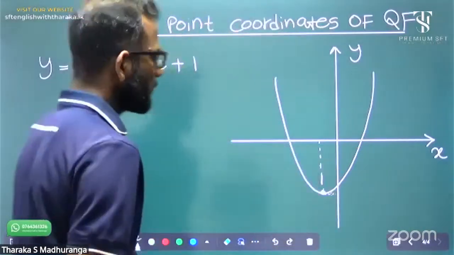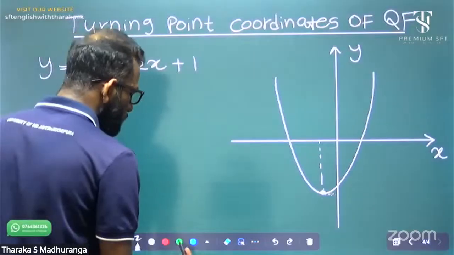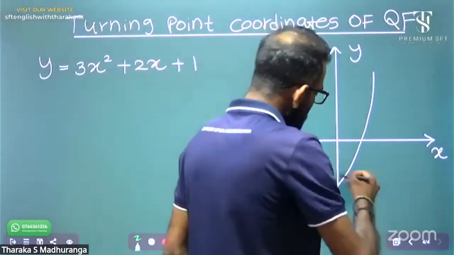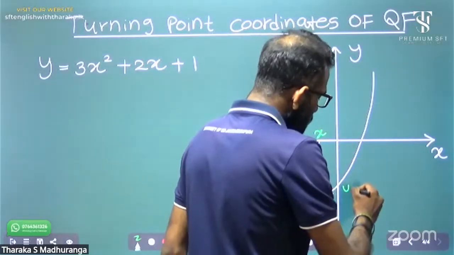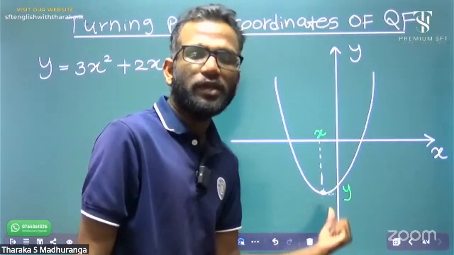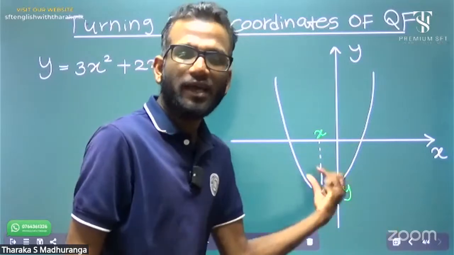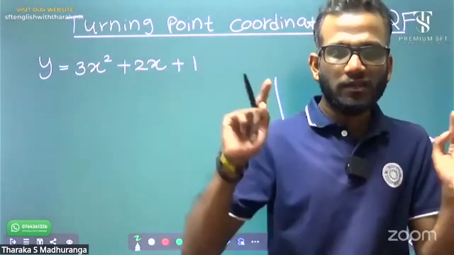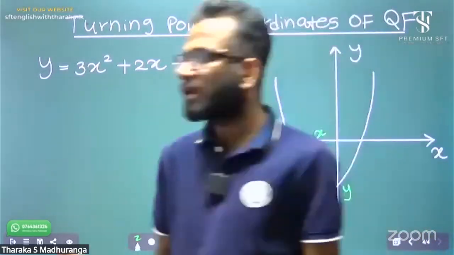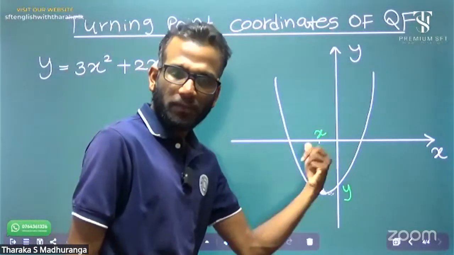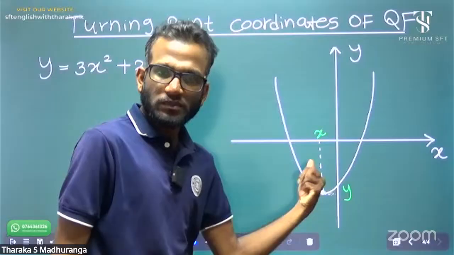Okay, it is very simple. What is my requirement? At the turning point or minimum point, the x coordinate and y coordinate. They are the turning point coordinates. Did you understand what we are finding here?